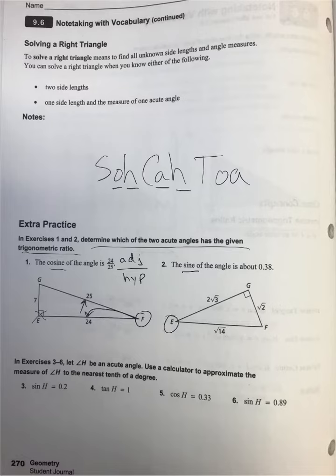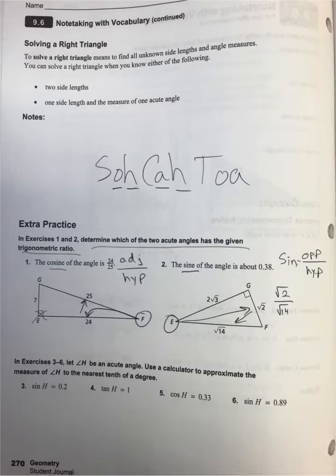If we go from E, the sine function again is the opposite leg over the hypotenuse. So of E, the opposite leg would be the square root of 2, and the hypotenuse is square root of 14. So take your calculator and calculate the square root of 2 divided by the square root of 14.